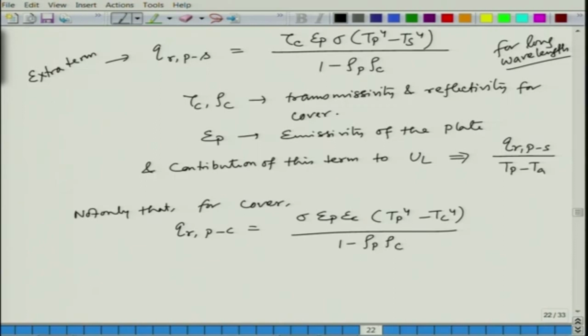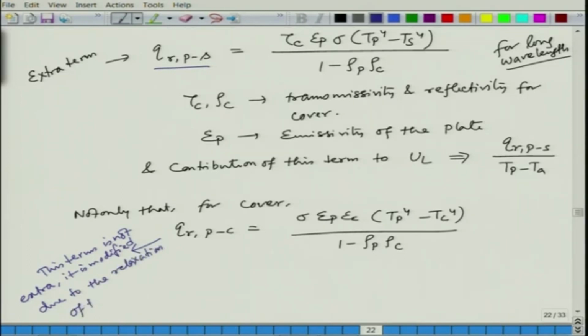Okay. So, we can say this term is not extra that we just consider here, but it is modified due to the relaxation of the opaque assumption.